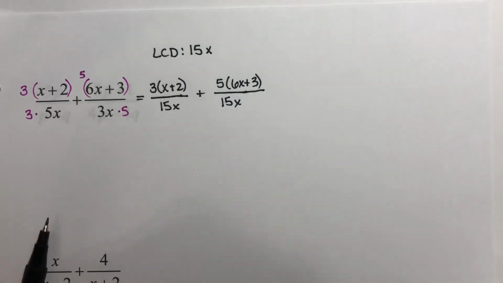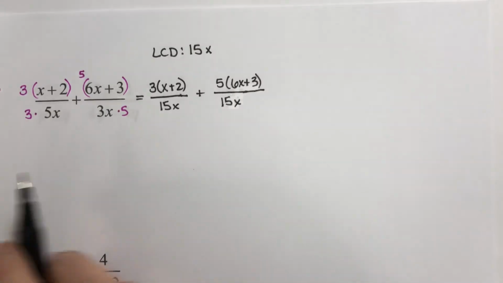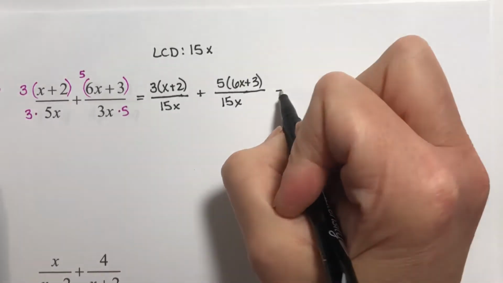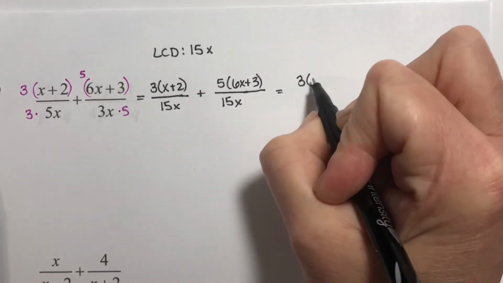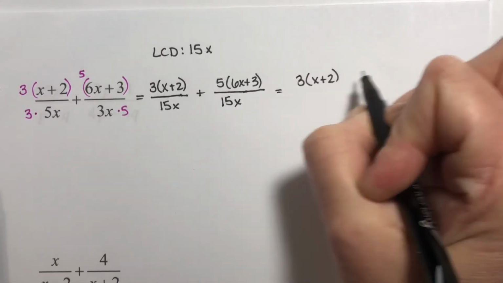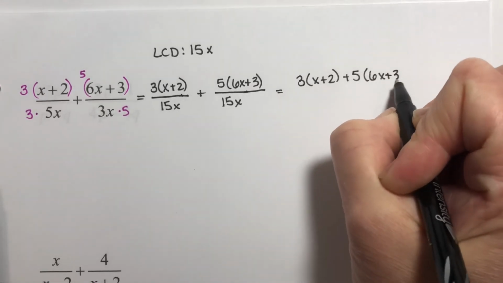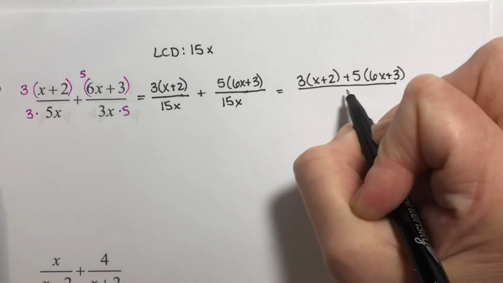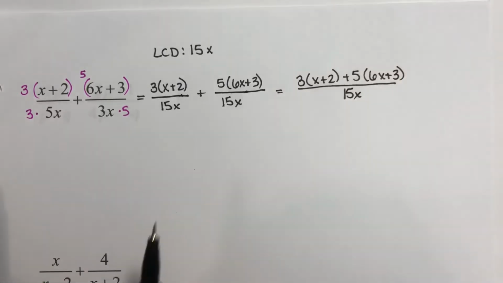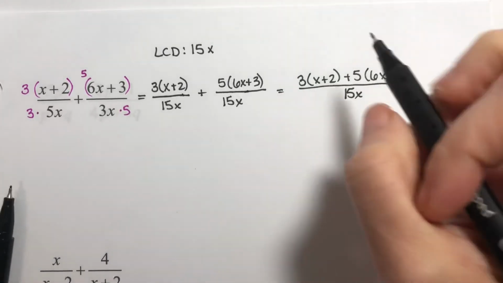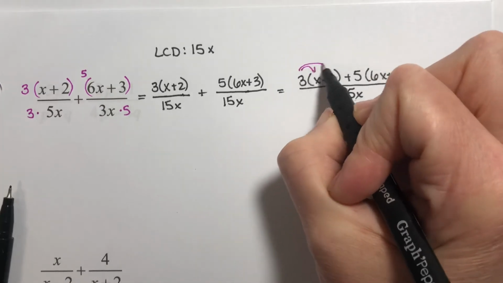Okay, now I need to simplify this. Well, let's go ahead and combine it into one fraction first. They can go in the same numerator, all over 15x. Now distribute.